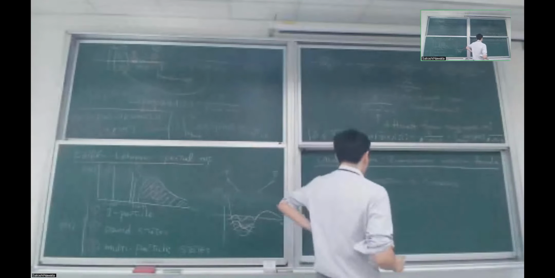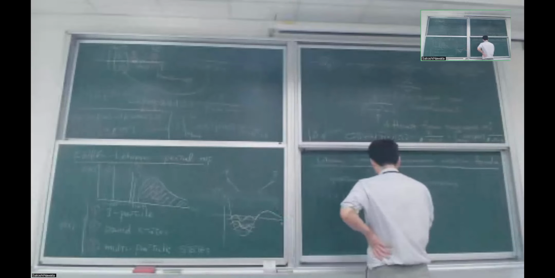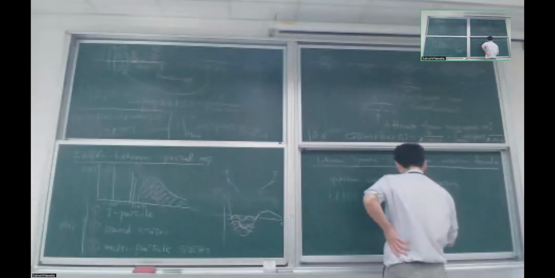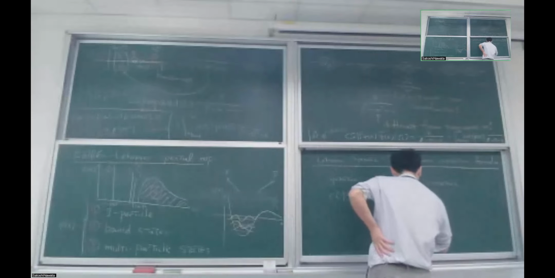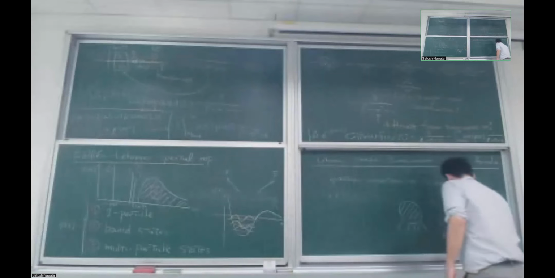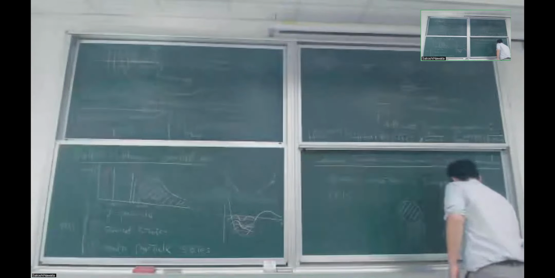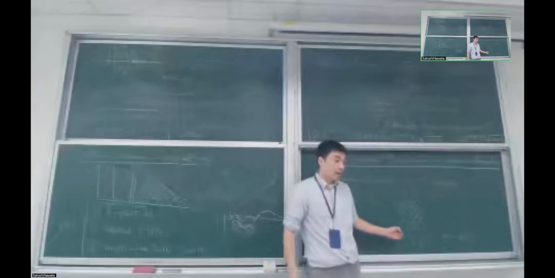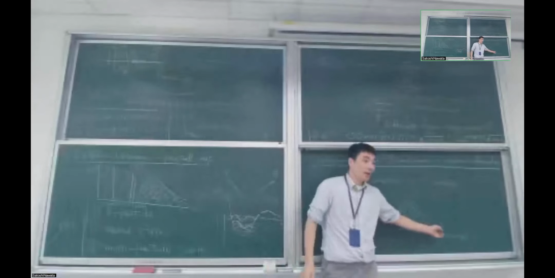When we compute the S-matrix, we assume the initial state is a free particle as time goes to minus infinity, the past infinity, an asymptotically free particle.